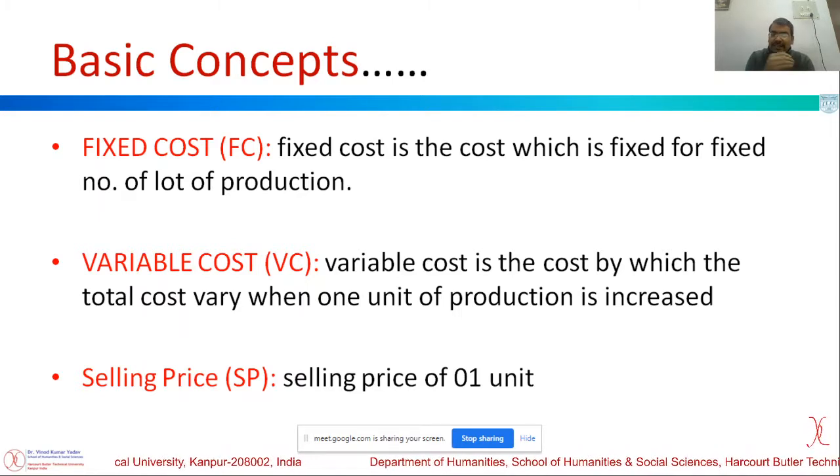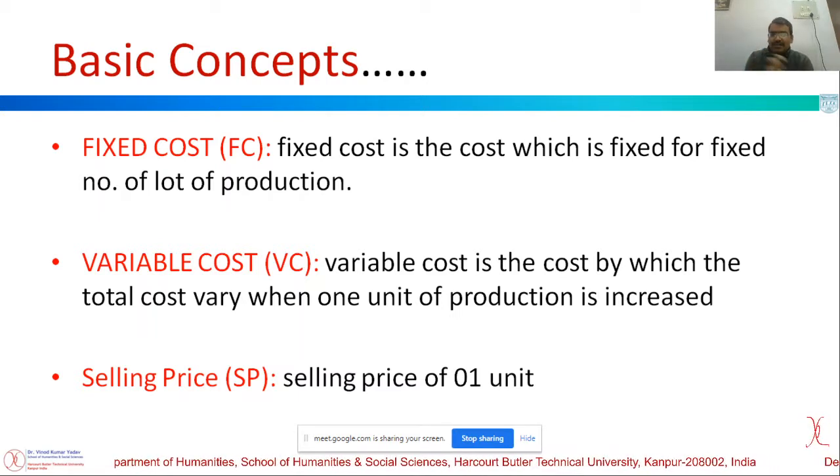Variable cost can also be of different types: semi variable cost or variable cost. What is semi variable cost? Semi variable cost varies, but not in exact proportion to the number of units.